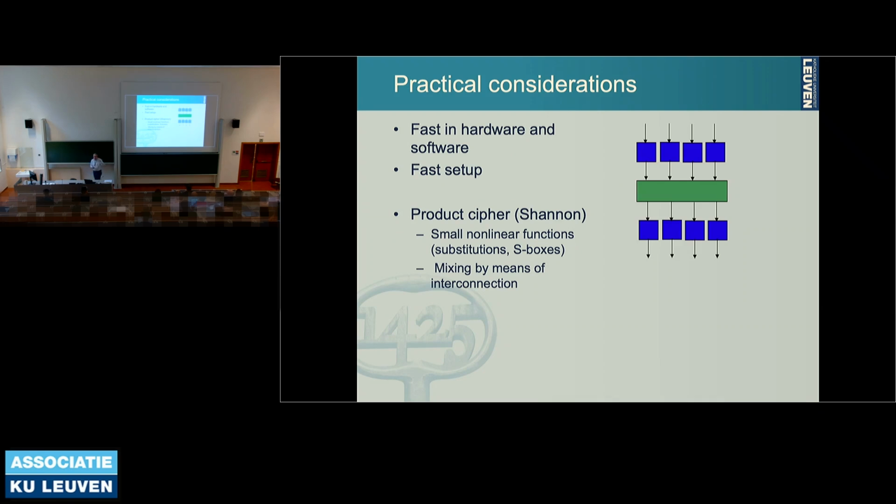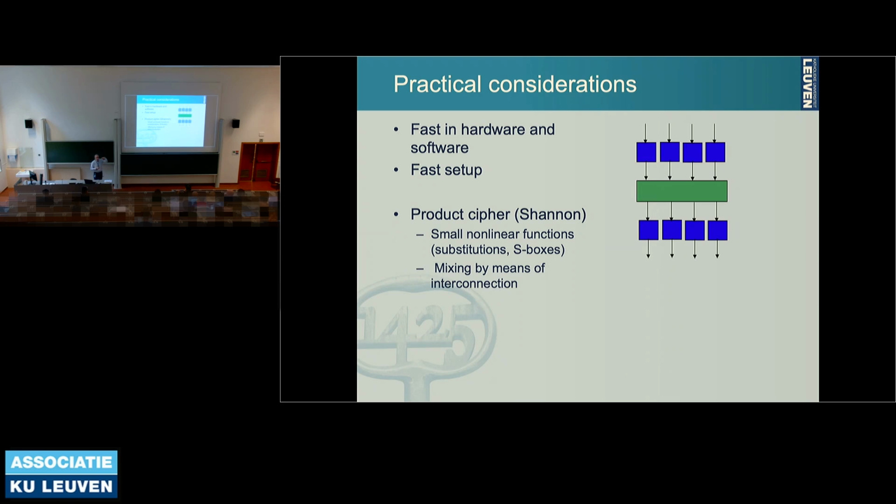Claude Shannon, the founder of information theory and also the founder of cryptography, proposed to design these block ciphers like shown here, because what you want typically is that something is fast both in hardware and software and can be set up quickly. So he said the cipher should be a combination or a product of two types of components. We have the blue blocks here.